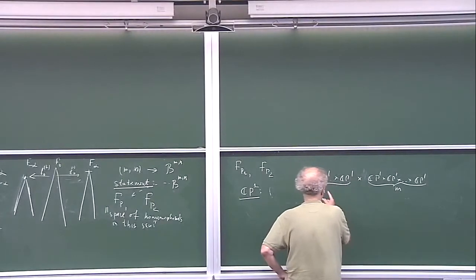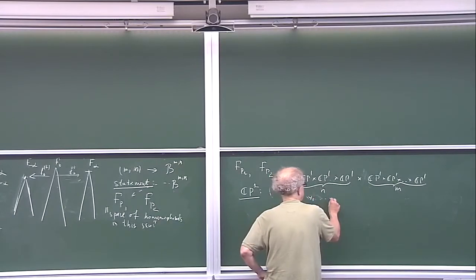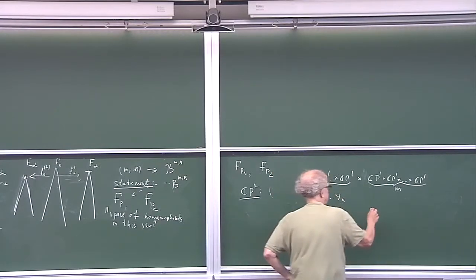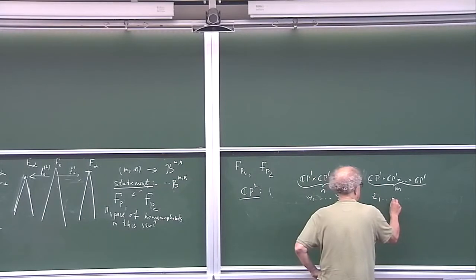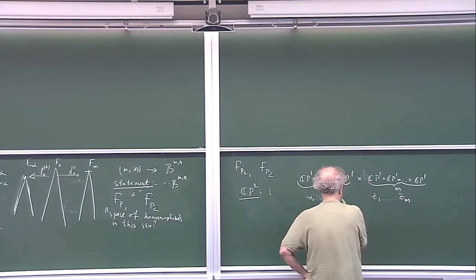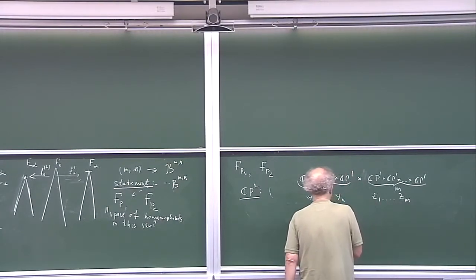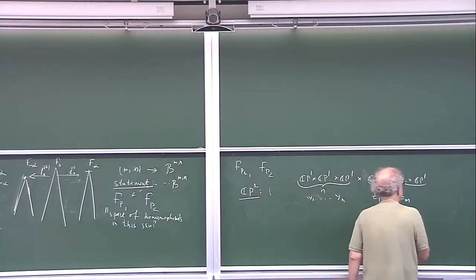Let us choose here coordinates, maybe y1 and so on, yn, z1 and so on, zm, and let us just write down the corresponding multivalued function.